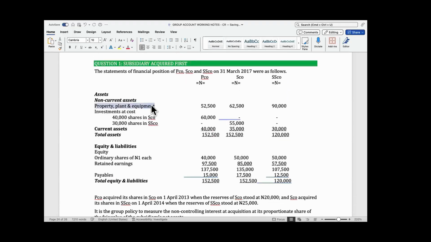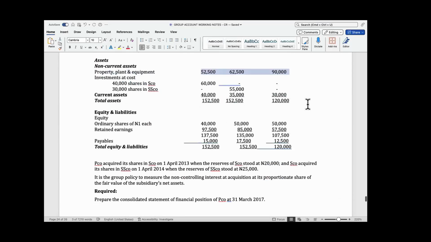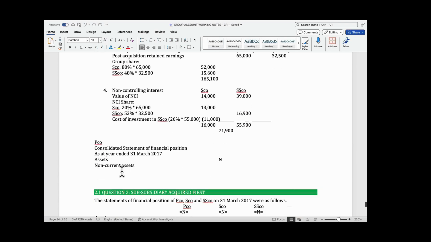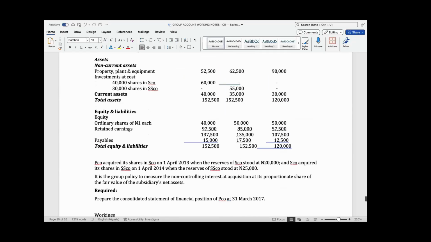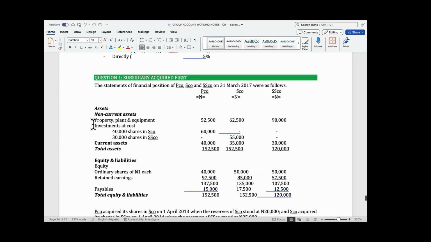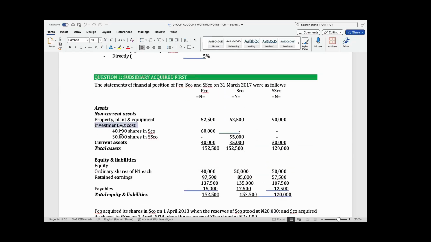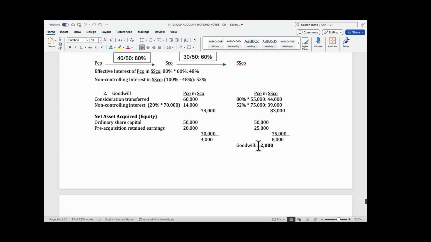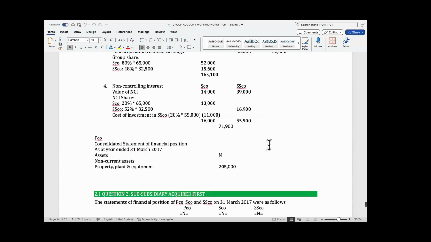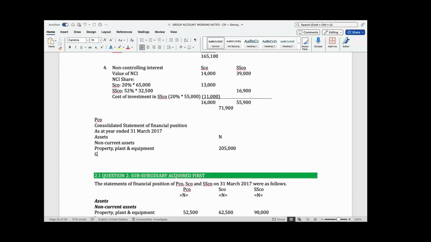That's PPE. Can you help me add these three together? 205,000, sir. Then secondly is investments. This has been cancelled out. They have all been cancelled out. And we're having a balance of how much? 12,000, from that cancellation.